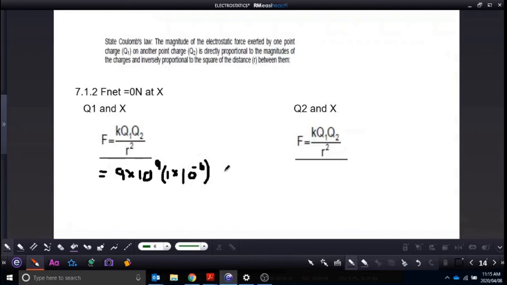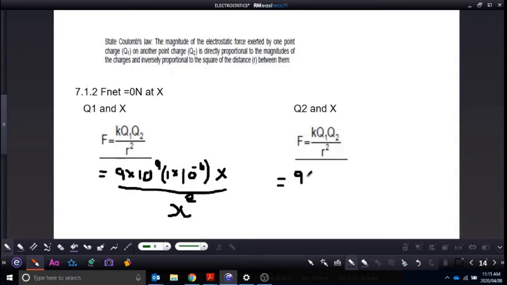Okay, and then we don't know the charge at X, over the distance, which is then x squared.